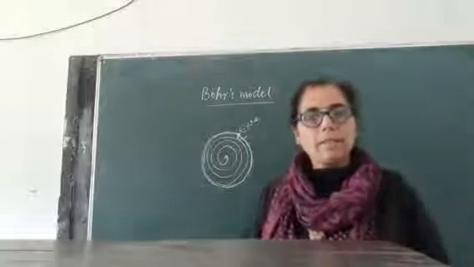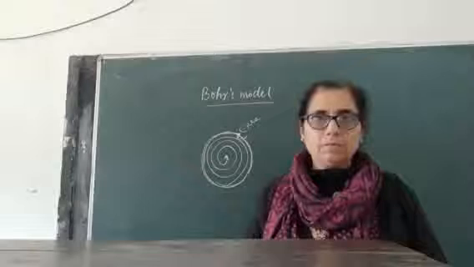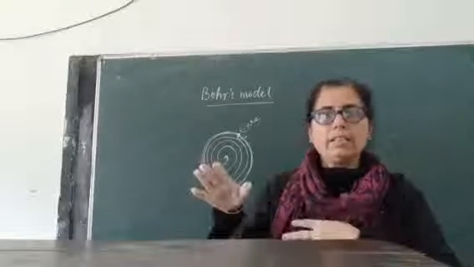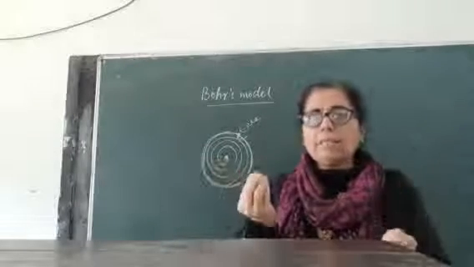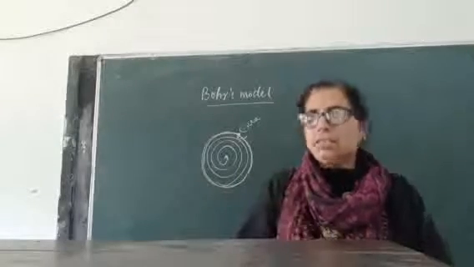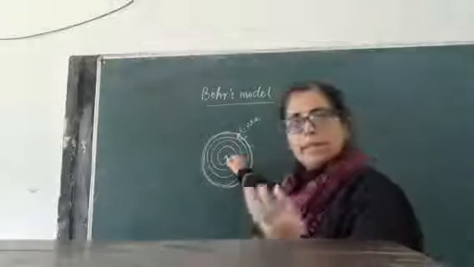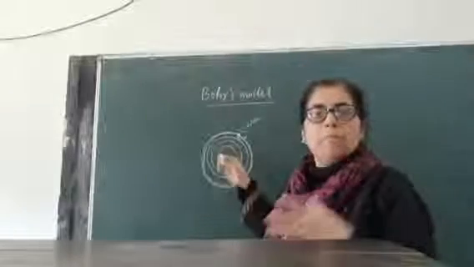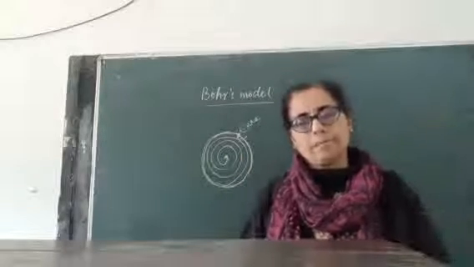According to the theory, a charged particle when moving liberates its energy, so slowly the electron should come and collide with the nucleus. But this does not happen.